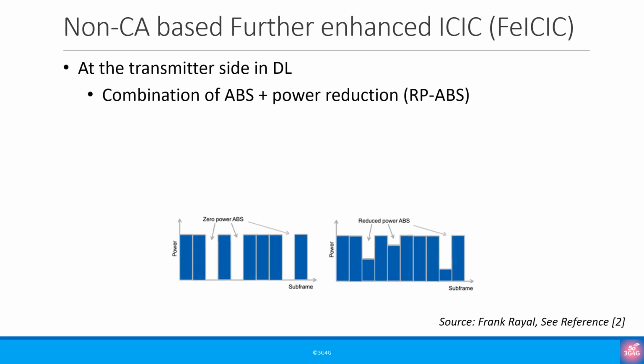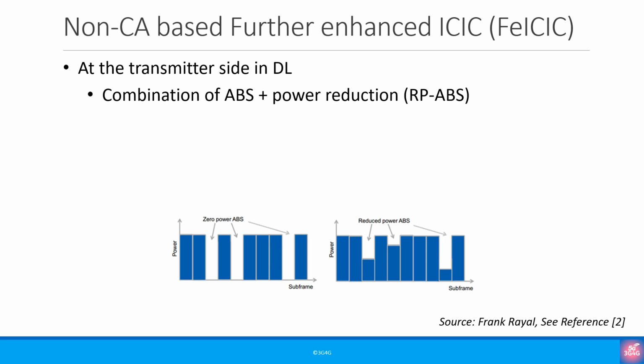In release 11, almost blank subframes were enhanced as part of further EICIC or FeICIC. Instead of almost blank subframe, a reduced power ABS or RP-ABS frame was introduced, as you can see here. Again, the implementation can have static or dynamic algorithm for power reduction.